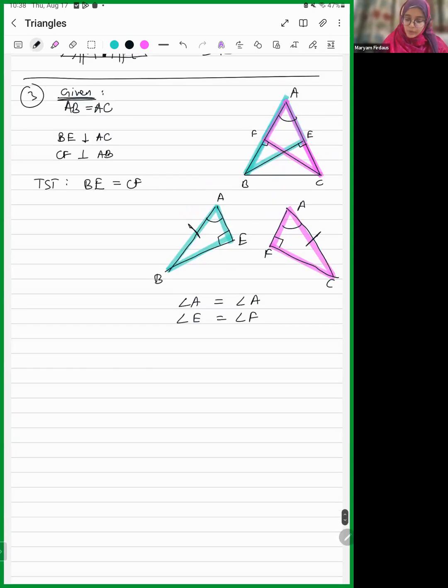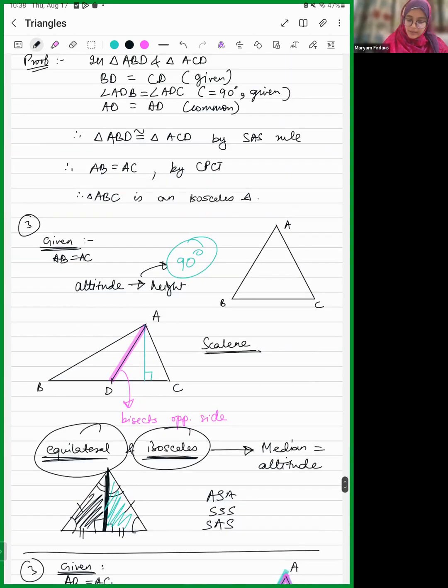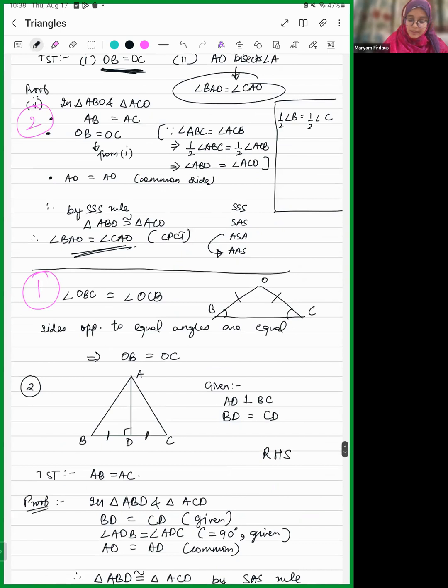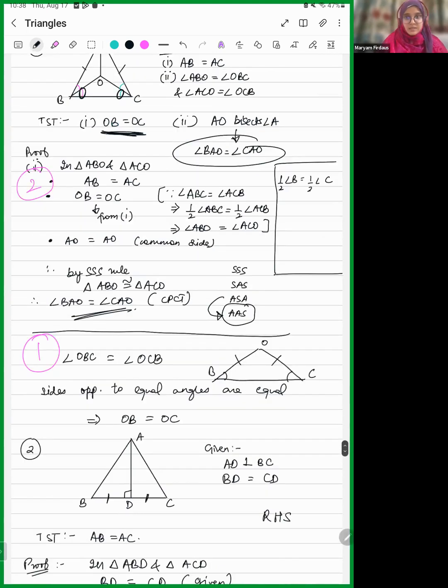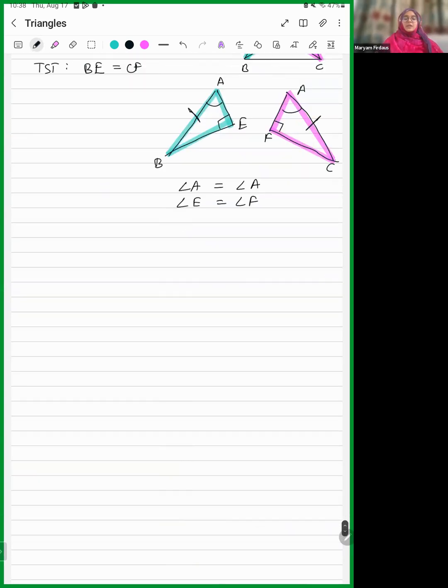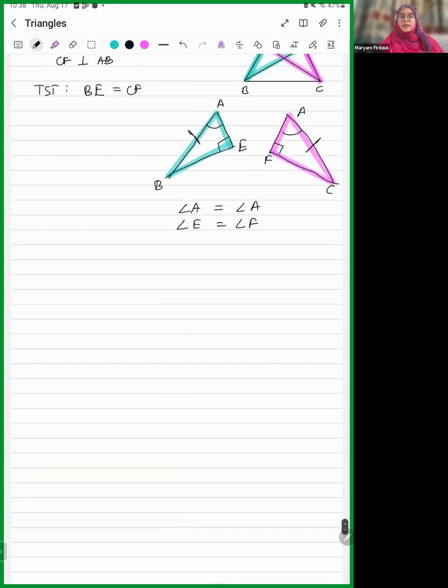Like I told you, there is a property called AAS. It's not a property as such, but it can be derived from the ASA rule, and let me show you how. If you have any two angles equal, you can always show that the third angle is also equal. In the blue triangle, angle A plus angle E plus angle B equals 180.